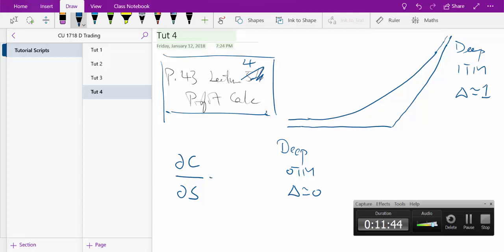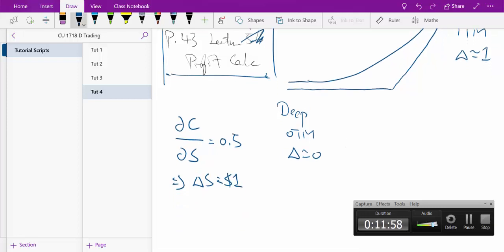So if you have a delta of, let's say, 0.5, that means when the stock changes by $1, the option will change by how much? 50 cents.